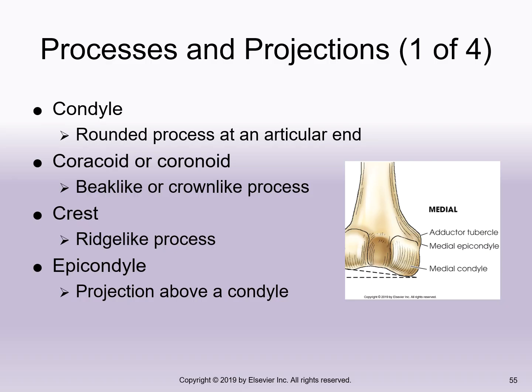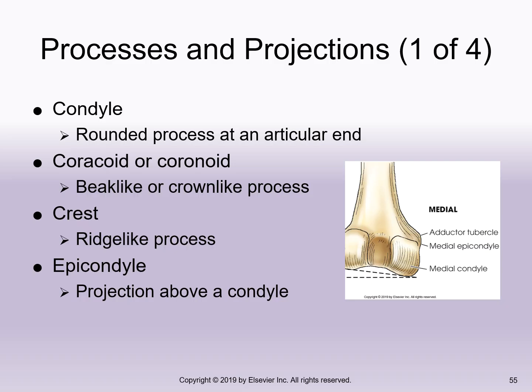If you poke back towards your hip, you should be able to feel the end of the femur. That's you palpating the condyle right there, the rounded articular surface. It helps if you have the knee bent to do that.